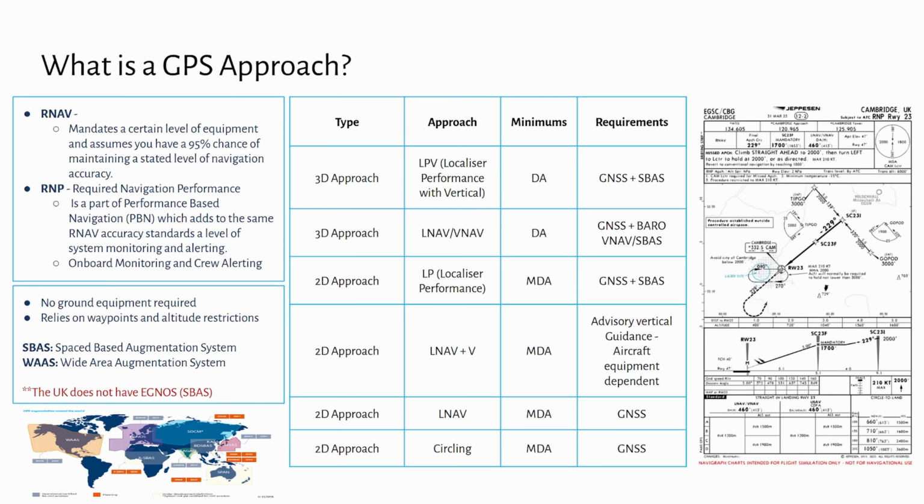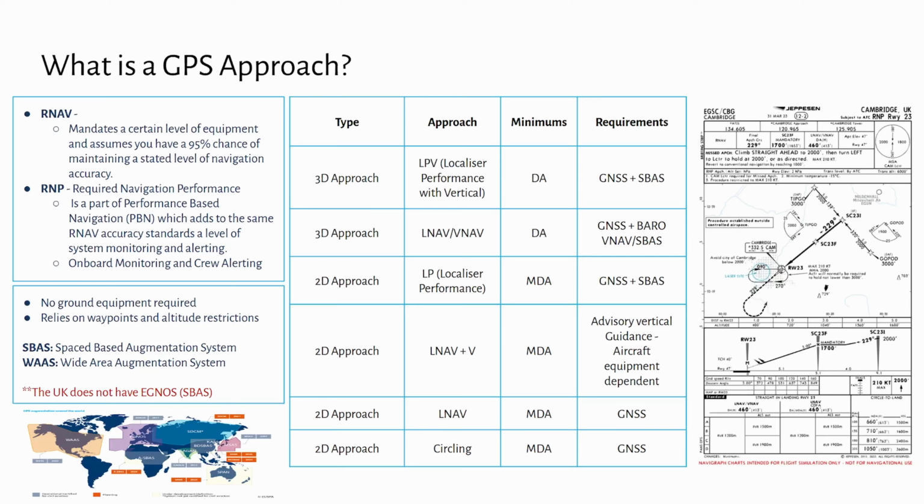And then we have the LNAV plus V approach. You won't ever notice this on a chart because it doesn't exist on a chart. It only exists in the aircraft. When you're flying your G1000, you might notice you have an LNAV plus V approach when you go to select your procedure. Again, this uses an MDA.